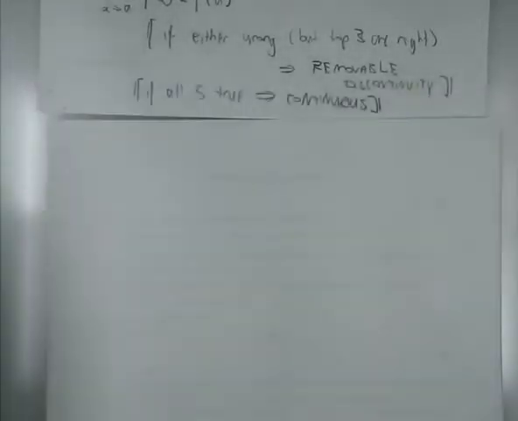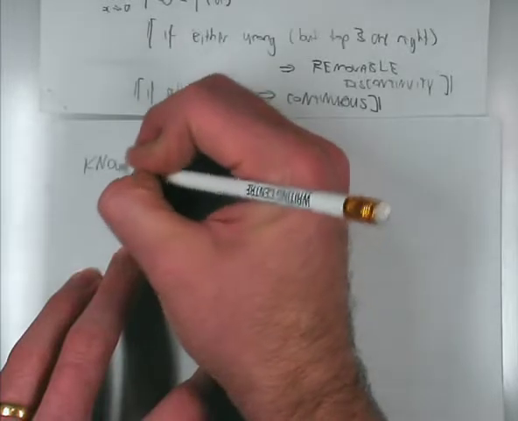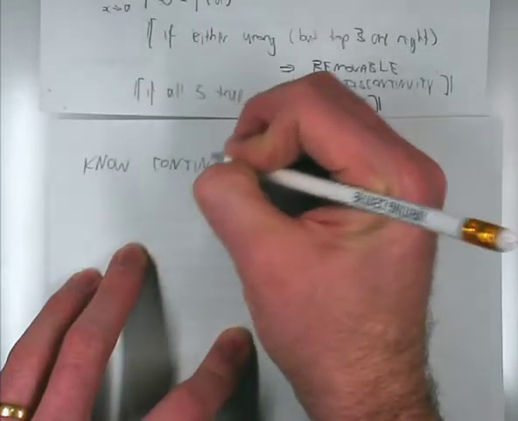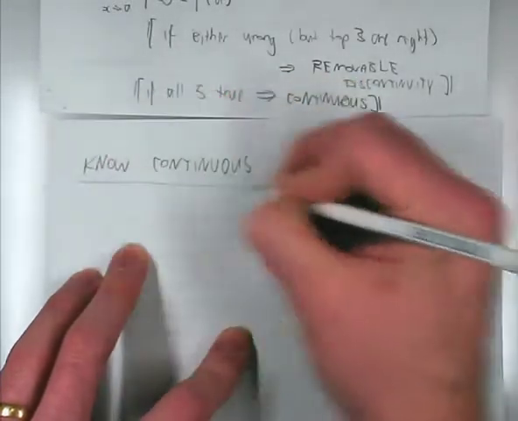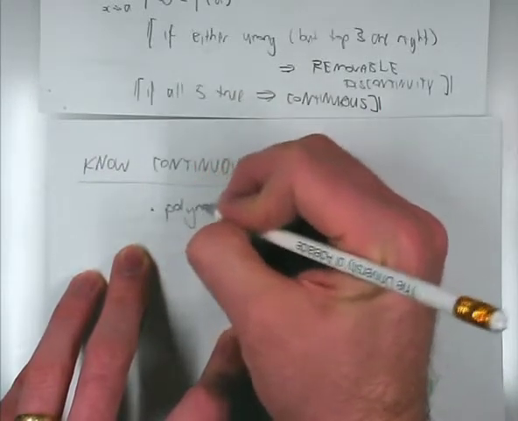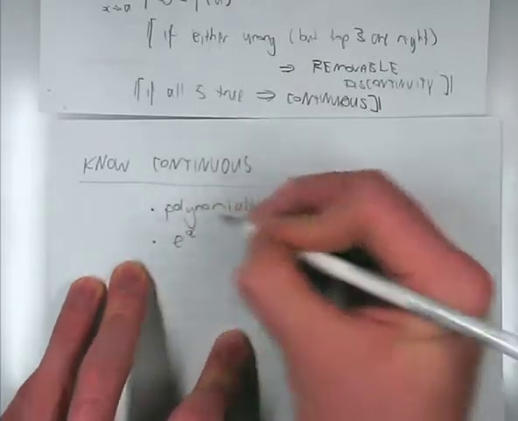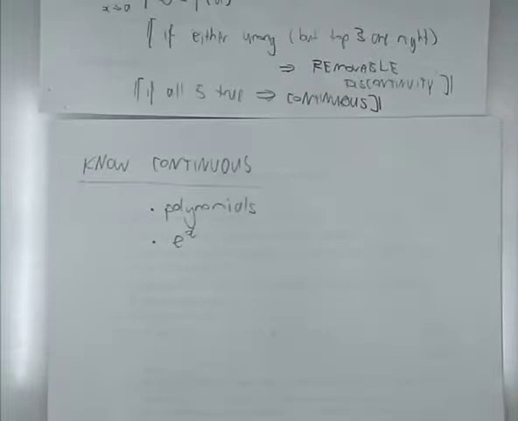So things that we know are continuous are any polynomials, exponentials, something like e to the anything, you know, sine and cos.